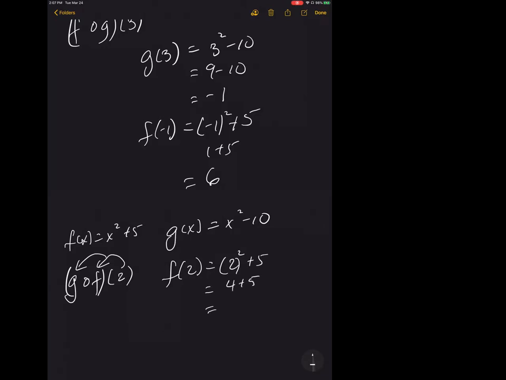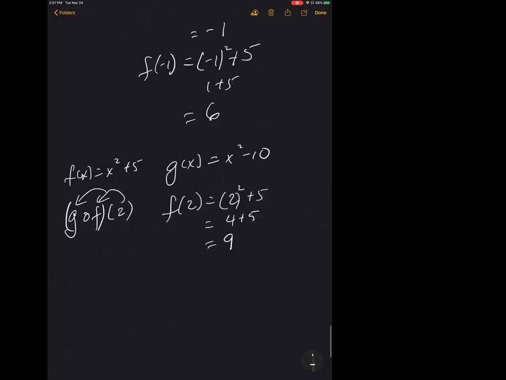That's 9. And you take 9 and you plug 9 into g. g of 9, 9 squared minus 10, 81 minus 10, 71. There you go. And that is your g of f of x and your f of g of x and your composite functions when you have to plug one function into another.